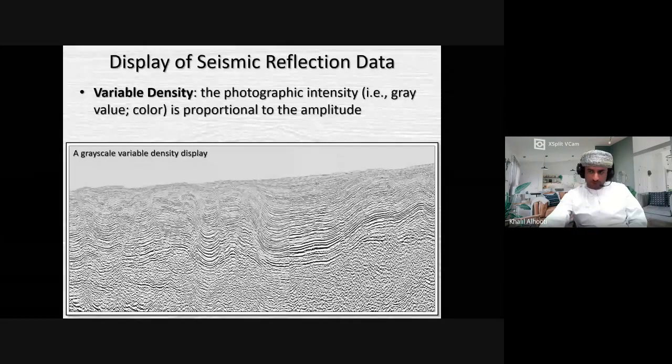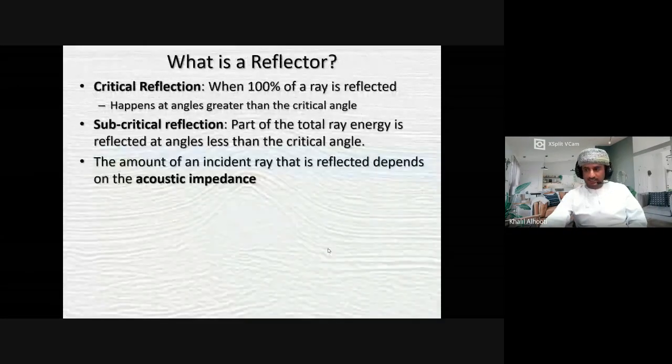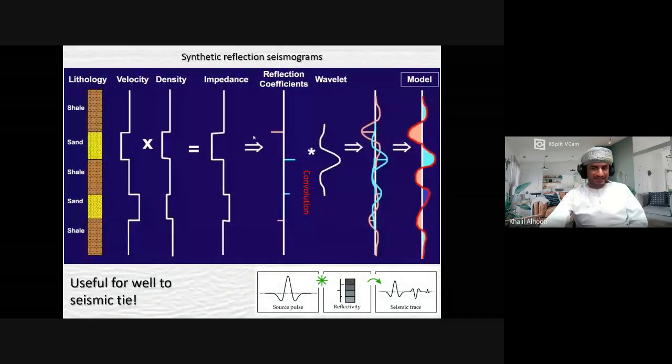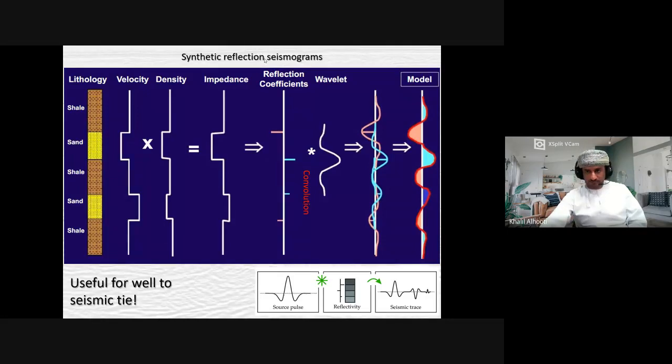There is a process called well-to-seismic tie, and it can be done through the generation of a synthetic seismogram. Here is the lithology or the earth model you have. It's a series of sand and shale, and each one has a specific velocity. The velocity in this shale is a bit higher than the sand.